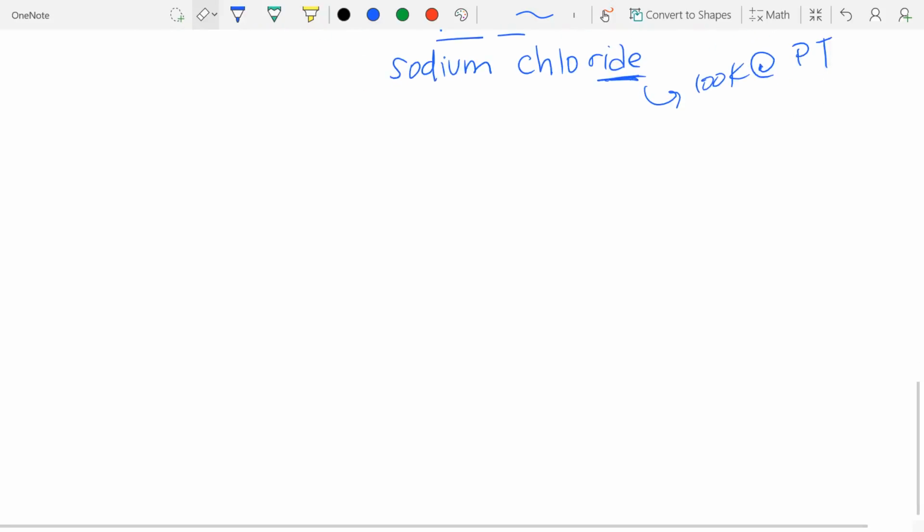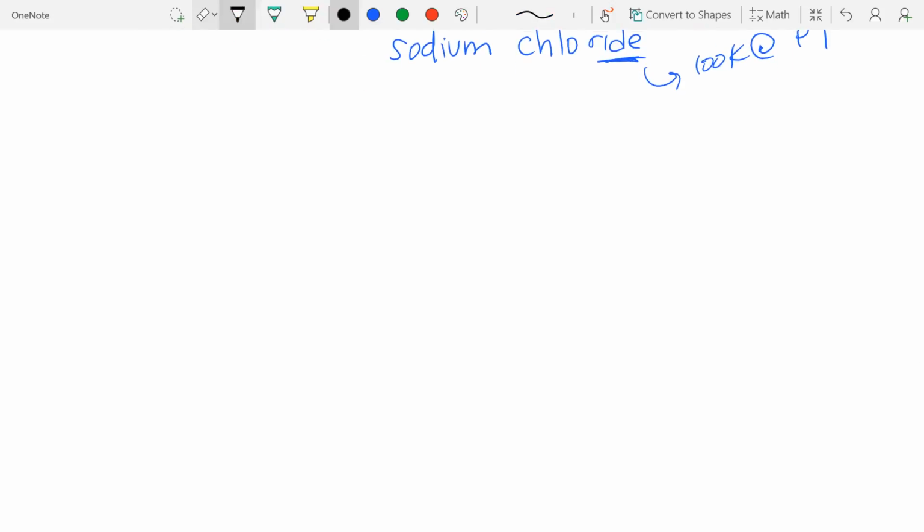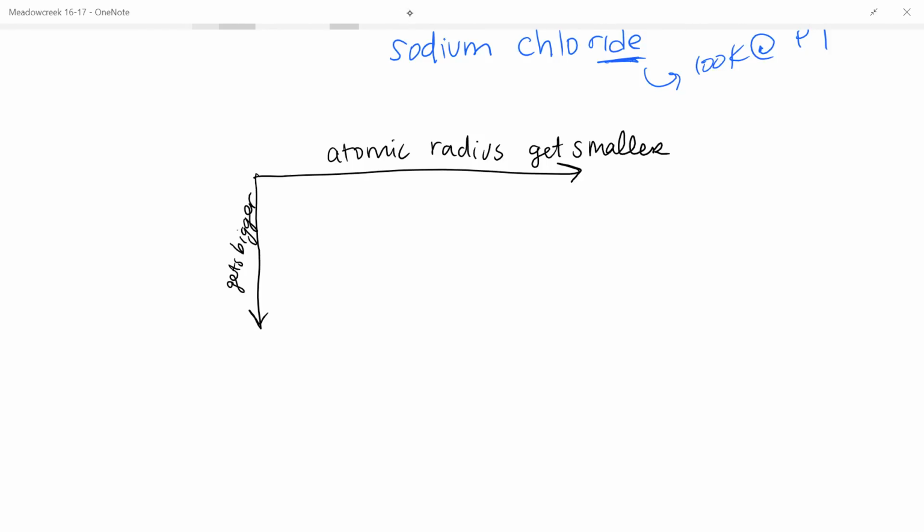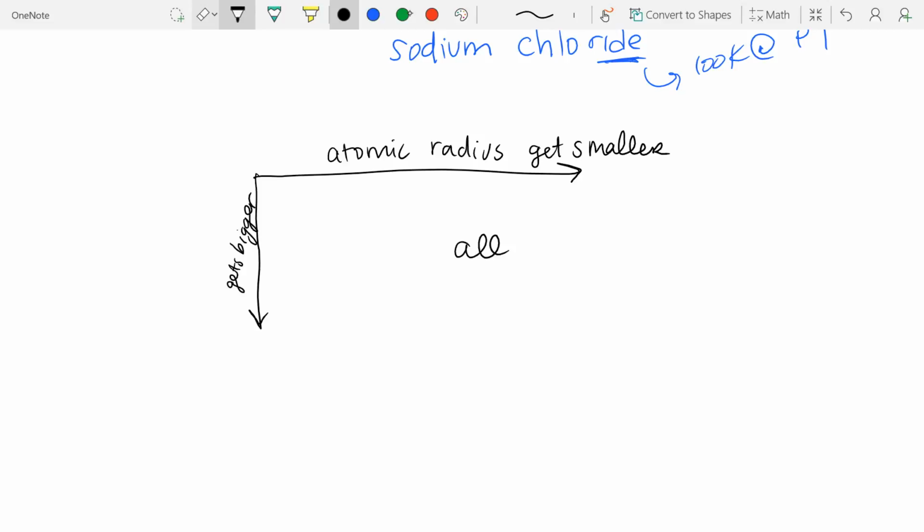And don't forget, we reviewed this in our warm-up last class, but as you go across the periodic table, the atomic radius gets smaller. And as you move down the periodic table, it gets bigger. Now, the key thing about that is that all the other trends are the opposite.